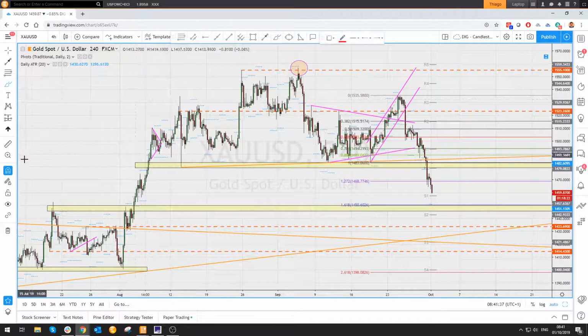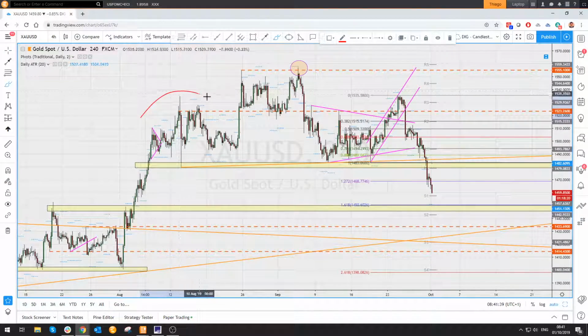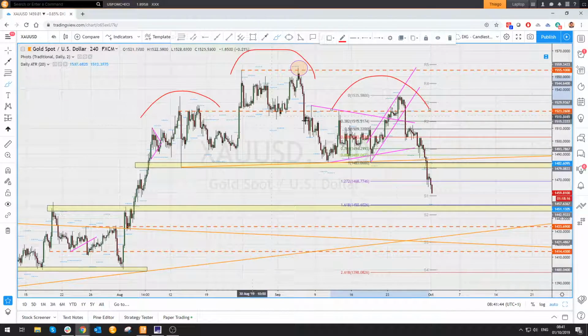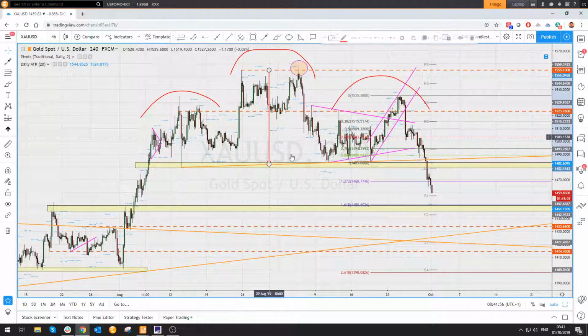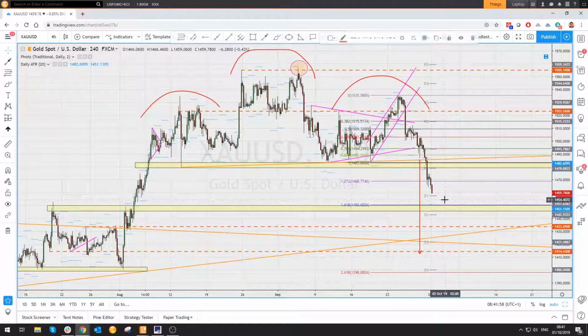We spoke about this being a head and shoulders. It did look like it, but maybe this shoulder for me is too long. But even if I believe this head and shoulders formation is playing out, this is pointing all the way to 1410.